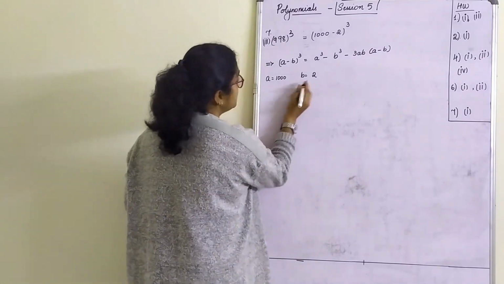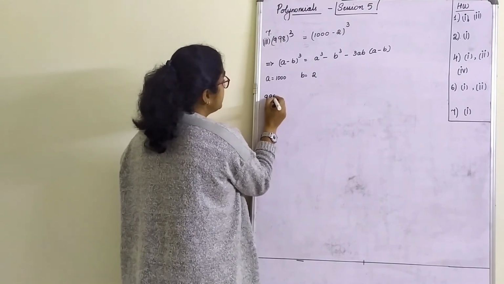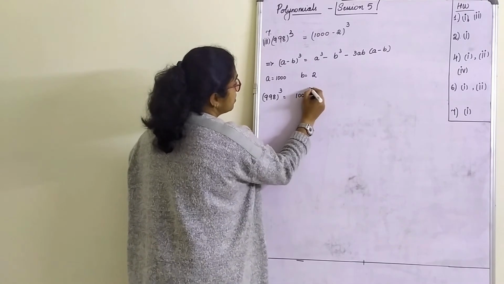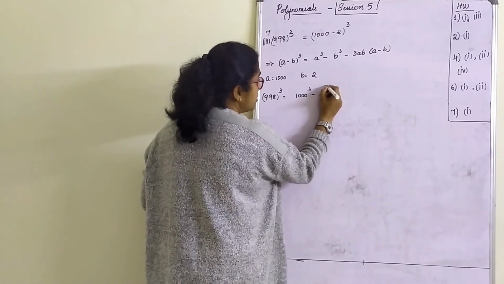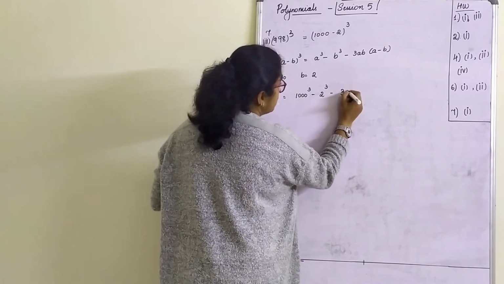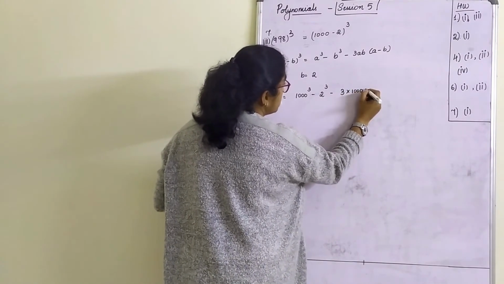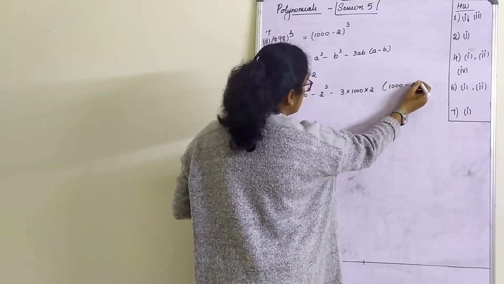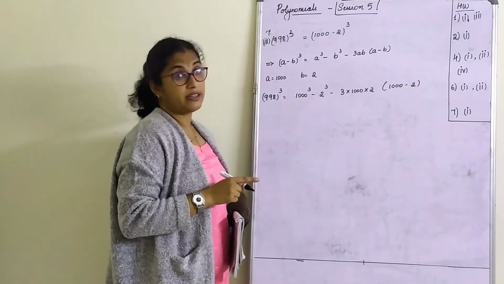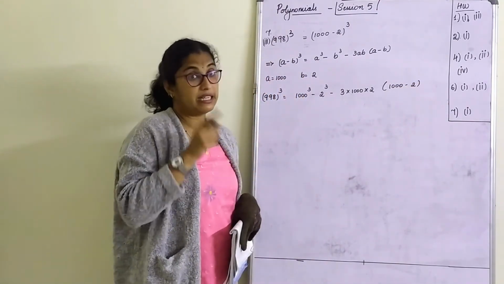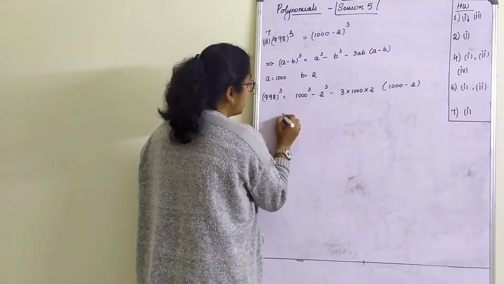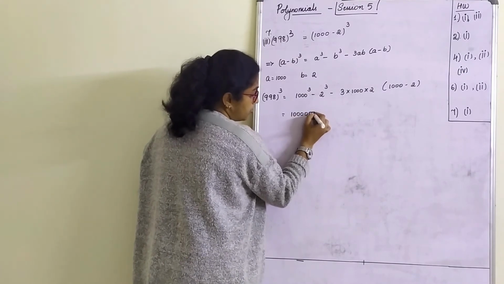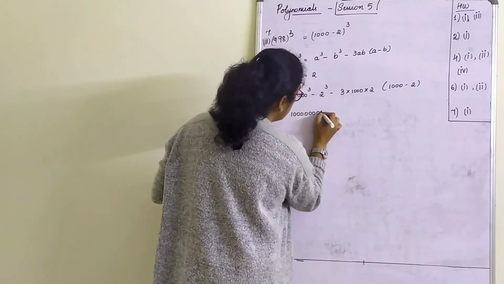So let's start. 998 whole cube is equal to 1000 cube minus 2 cube minus 3 into 1000 into 2 of (1000 minus 2). Similarly here, do not subtract 1000 minus 2; keep it as 998. Multiplication will be difficult. 1000 cube: 1, 2, 3, 1, 2, 3 and 1, 2, 3.